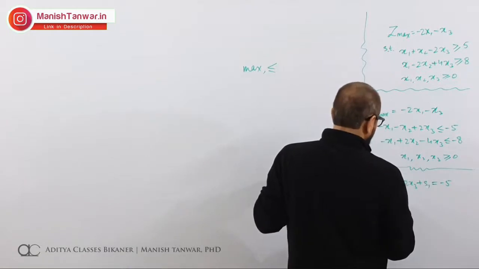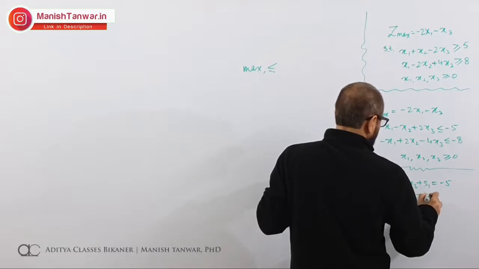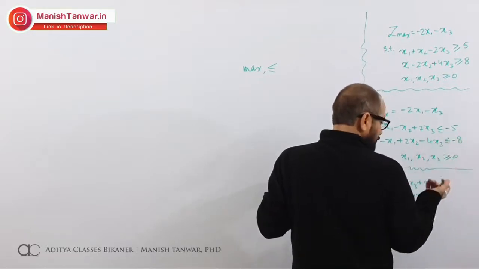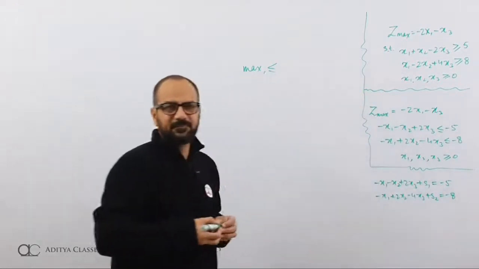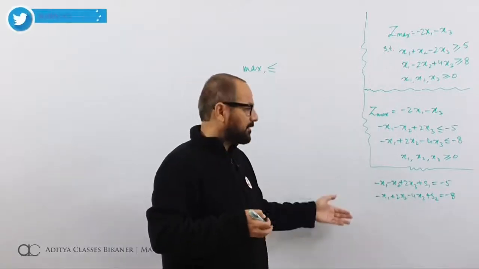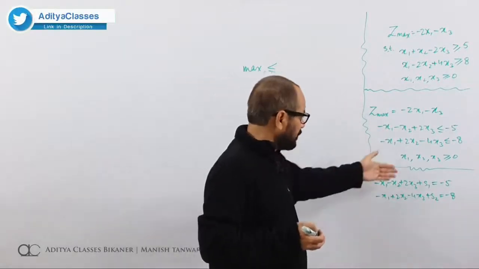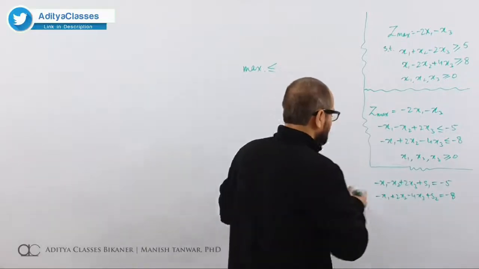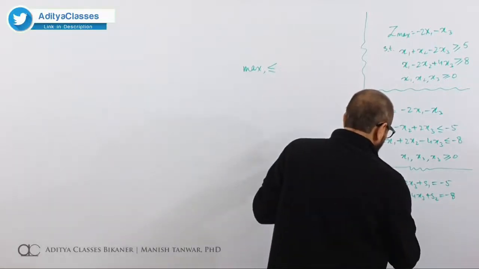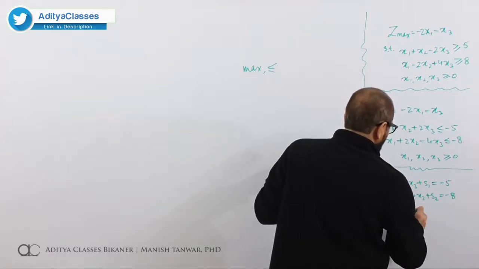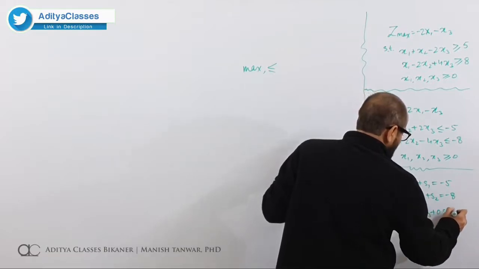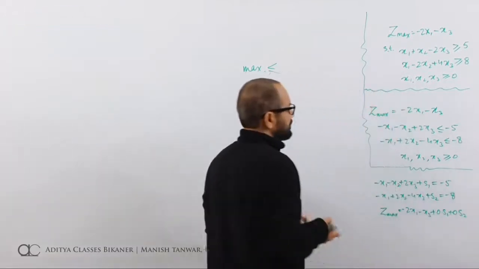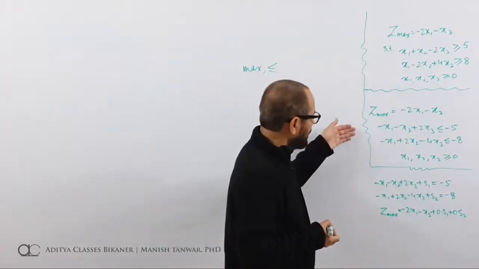Then here we have minus x1 plus 2x2 minus 4x3 plus another slack s2 is equal to minus 8, because this is less than, it is falling short, so I will add something. So these are my constraints. I am converting my canonical form into standard form. I also need to add all these variables into Zmax. So it will become Zmax is equal to minus 2x1 minus x3 plus 0 s1 plus 0 s2.